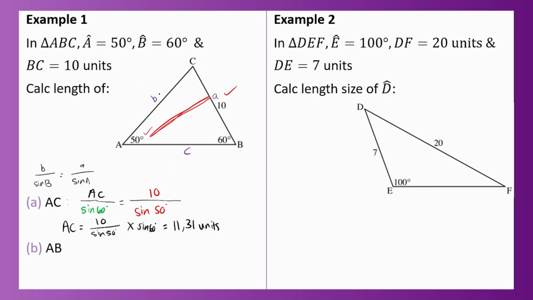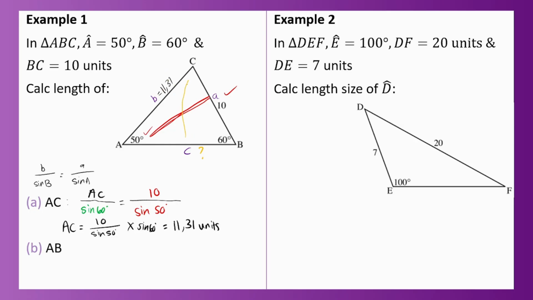We now have AC is 11,31, and then we are looking for AB. So AB is opposite C. So we are now looking for this side. There's our pair that we have already, but you can also use this. Obviously, you might get a slightly different answer because that's an approximation.